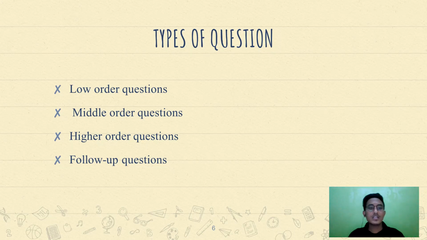And the third one is higher order questions. These are questions that encourage the children to think, to reason beyond acquired knowledge, to analyze problematic situations into their elements, and to discover the interrelationship among those elements.